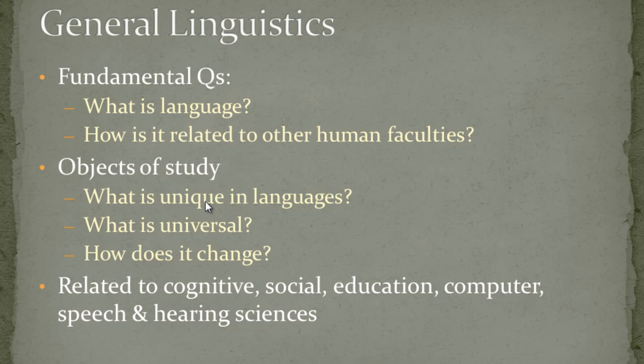Like all languages have nouns, right? All languages have pronouns. All languages have morphemes. All languages have negative and question forms and affirmative forms. Those are called language universals.